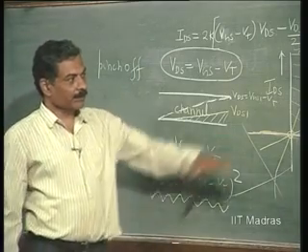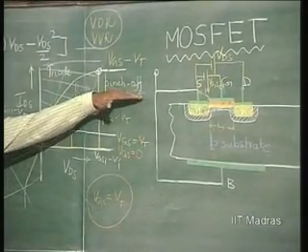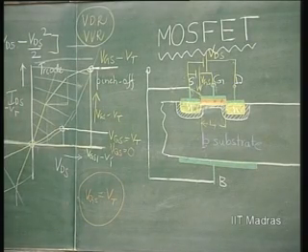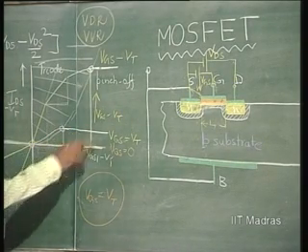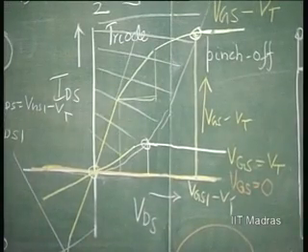Now, this is similar to transistor current going to saturation here, but with only one difference: it is not true that this current is really independent of VD.